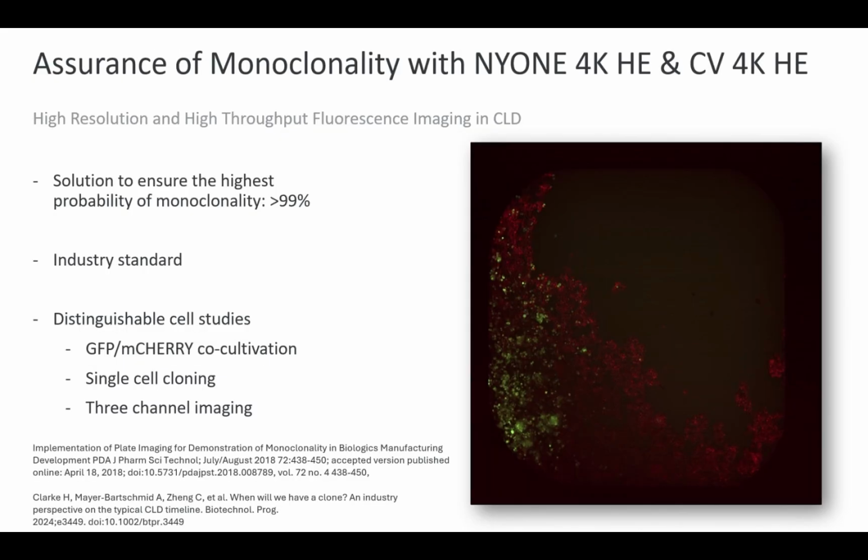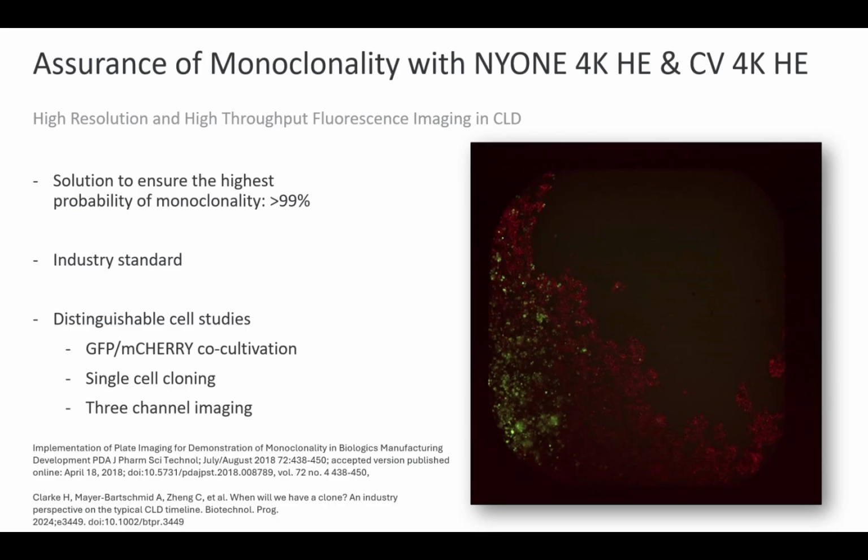What definitely is required is the assurance of monoclonality, which is used to provide statistical data on process validation studies. That is very easily done with distinguishable cell studies, as outlined in recent BPDG papers mentioned at the bottom of the slide.